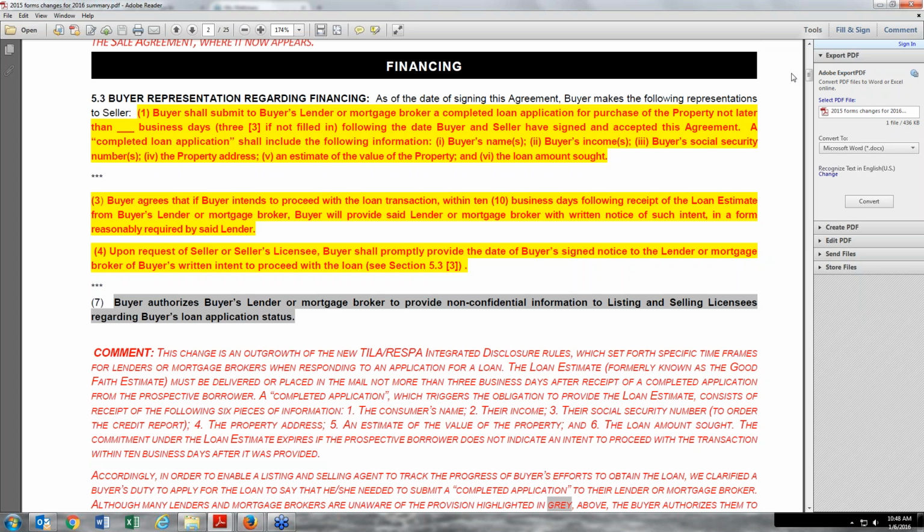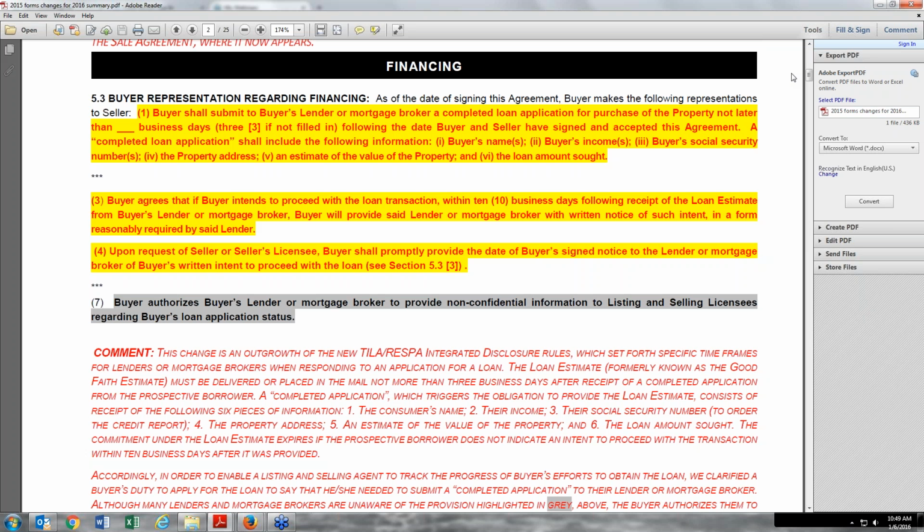It is my understanding that some mortgage brokers discourage a completed loan application, and for that kind of discussion or decision, you'd want to talk to your own mortgage banker or mortgage broker.